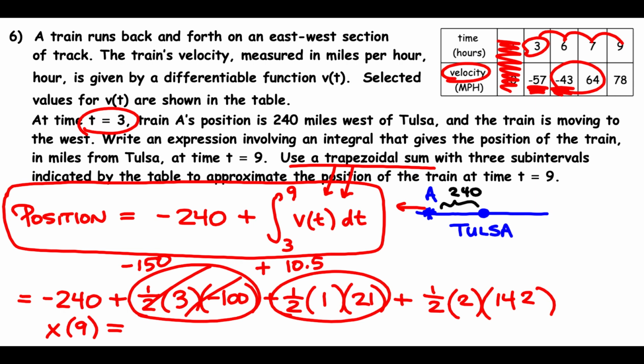We're coming back east. 1/2 and 2 will cancel, so this is positive 142. Adding that all up makes negative 237.5. So making a statement, I'll say at time t equals 9 hours, the train is 237.5 miles west of Tulsa.